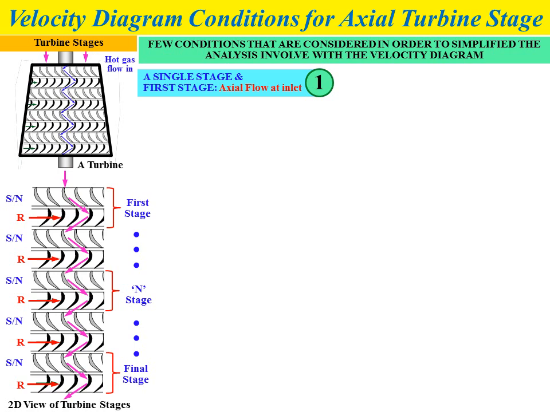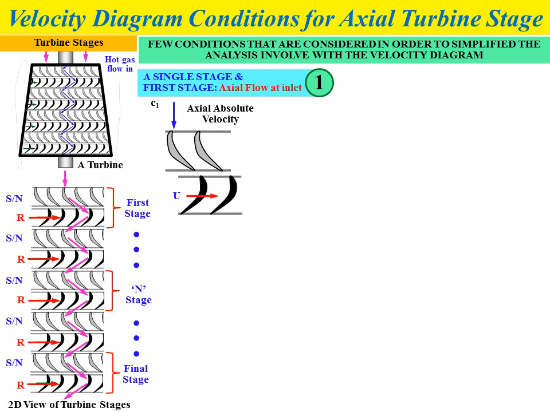For condition number 1, we assume the flow at the inlet is axial absolute velocity flow, where we have the C1 vector with alpha 1 equal to 0. So we have an axial absolute velocity condition.